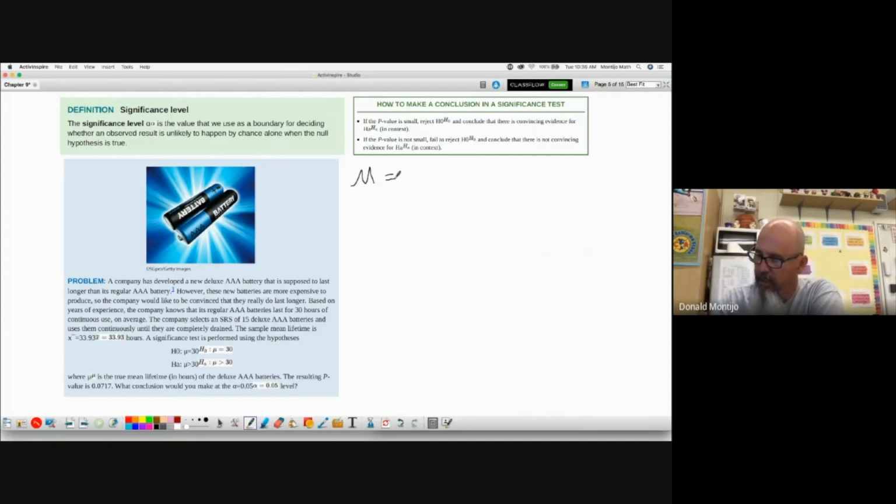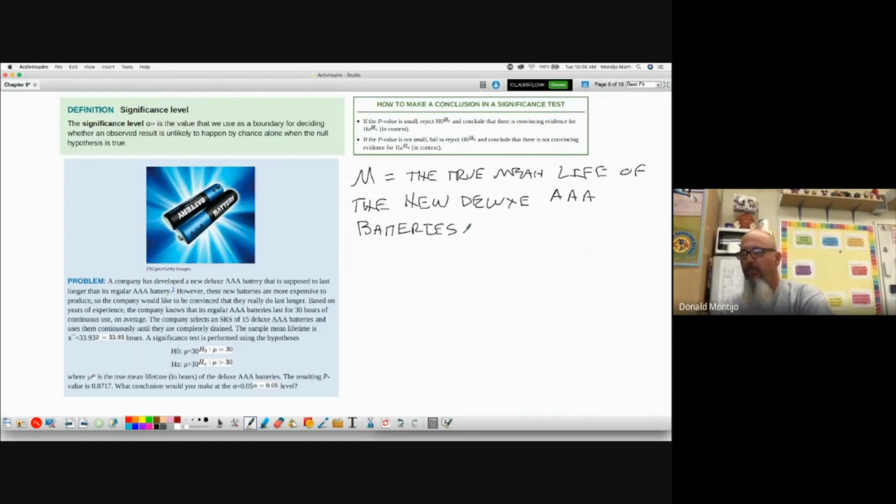Mu is the true mean life of the new deluxe AAA batteries. Always we start with defining the parameter. Okay, the true mean life of the new deluxe AAA batteries.